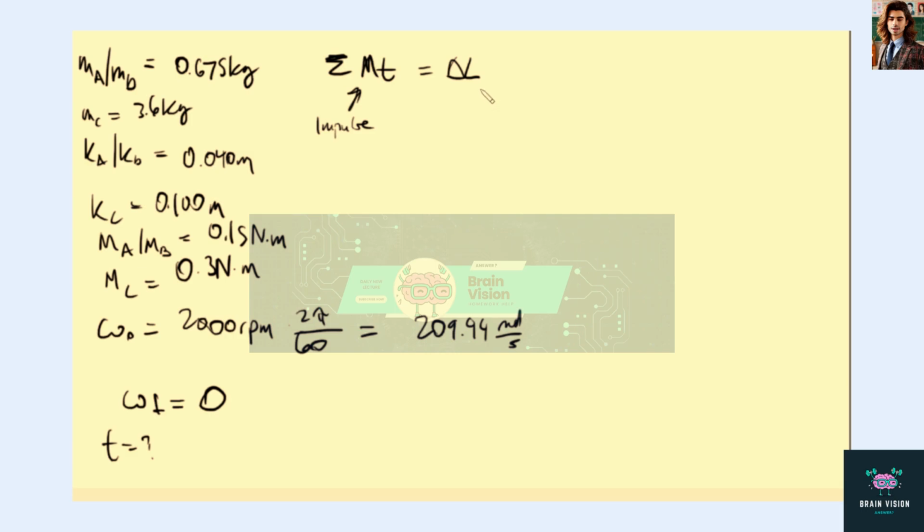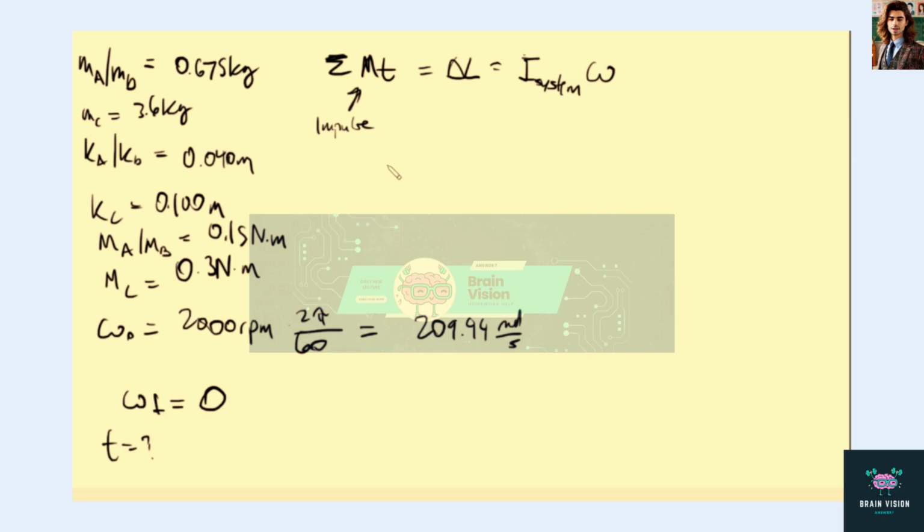In this case, our final angular momentum is 0. So we only have I of the system times the angular velocity of the gear.